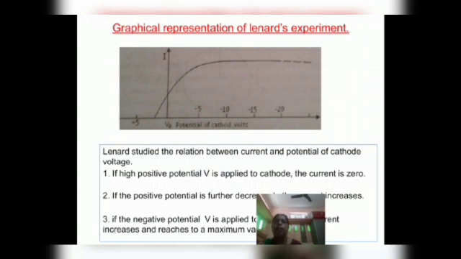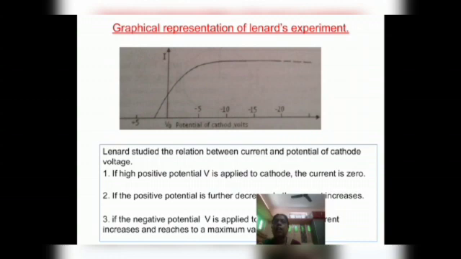The photoelectrons coming out from the cathode do not go towards the anode, and the current is 0. In the second case, if the positive potential is further decreased, the current increases.